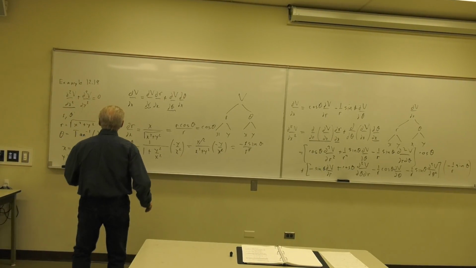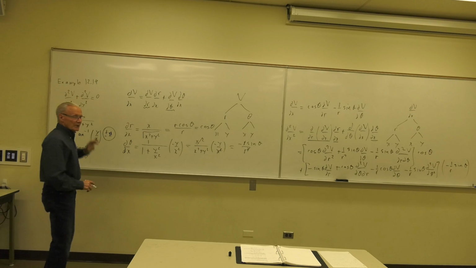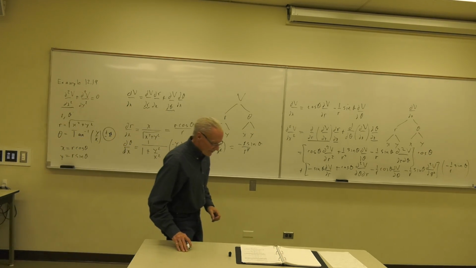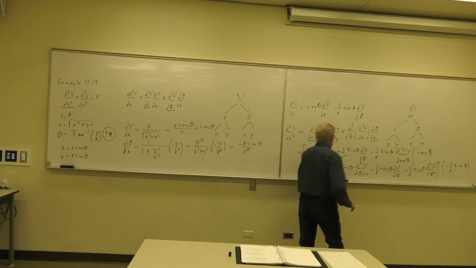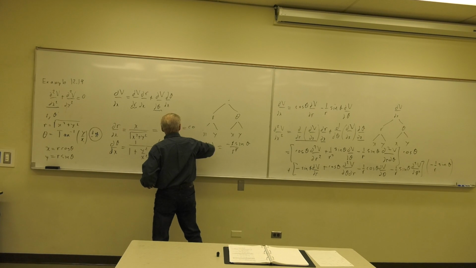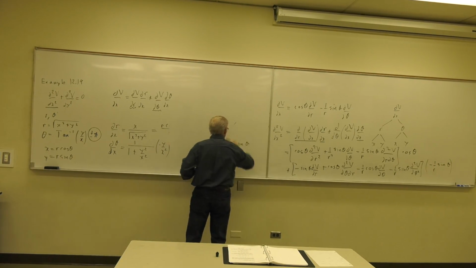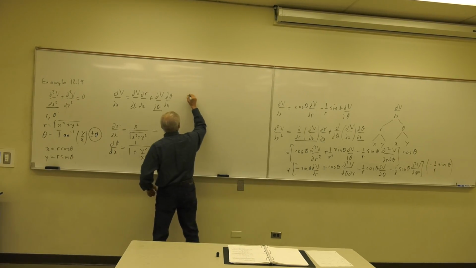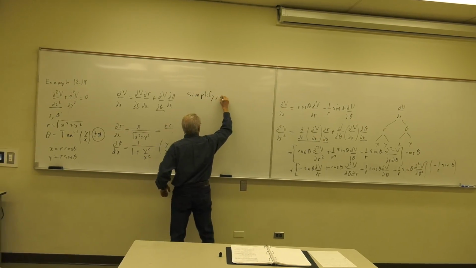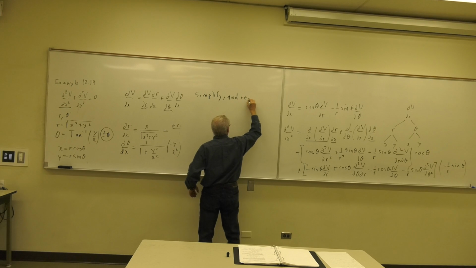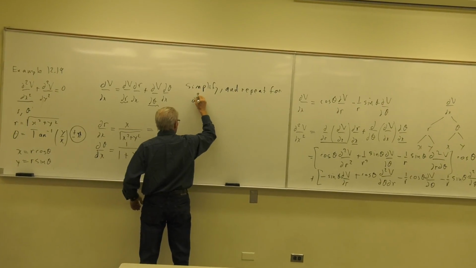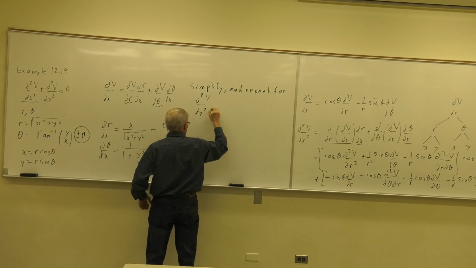Then you have to go do the same thing for this one and simplify. And then you're going to add them together. And if you do, a tremendous number of simplifications take place. So let's put here, simplify and repeat for ∂²v/∂y².